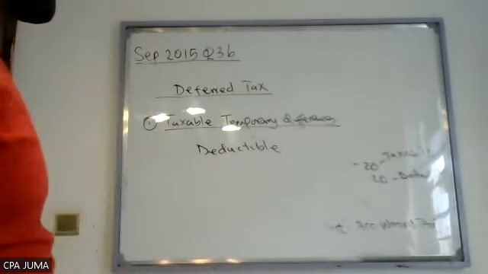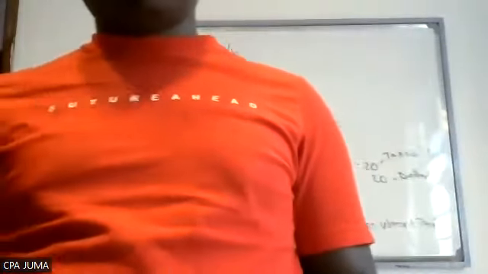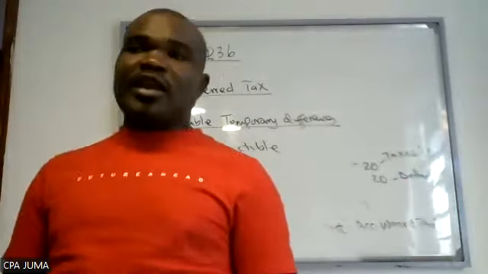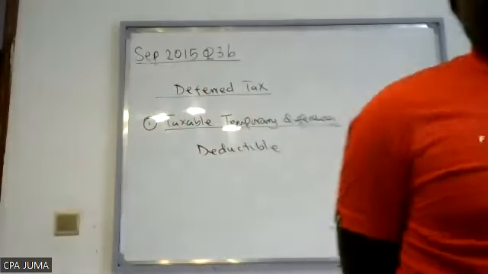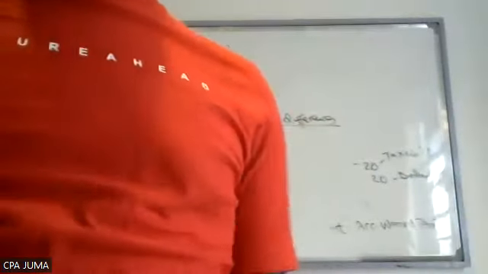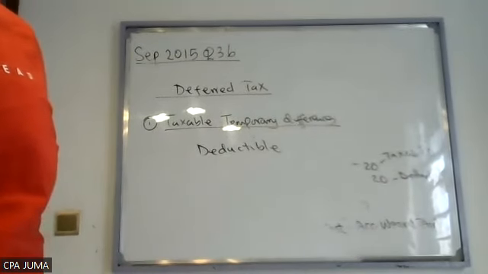Deductible temporary differences arise when the carrying amount of an asset or liability is less than its tax base.